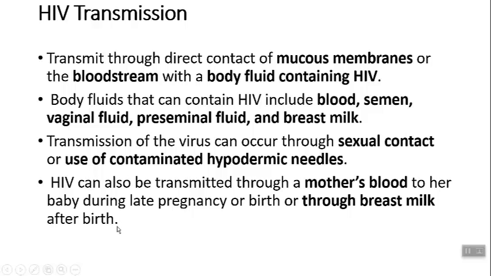The HIV virus can also be transmitted from mother to child through the blood during pregnancy. As you know, the mother and baby are connected by the placenta, through which the blood gets transfused from mother to child and child to mother.